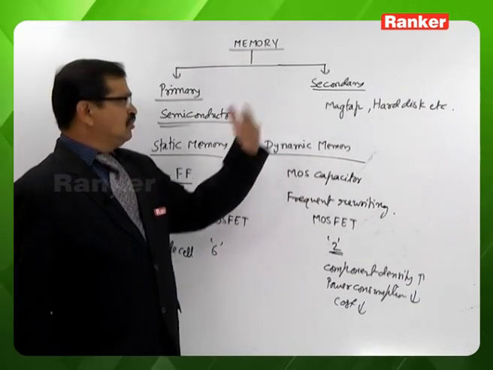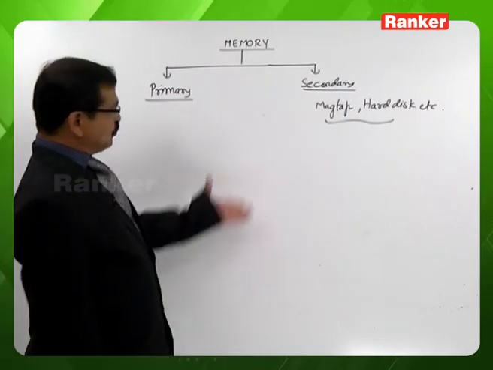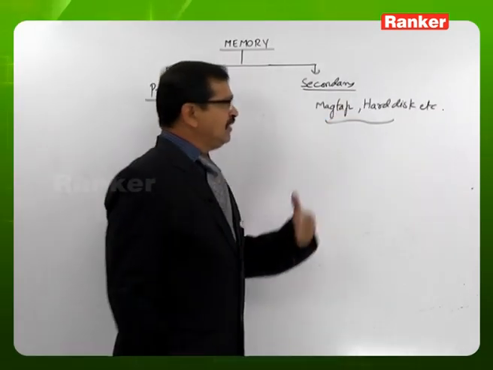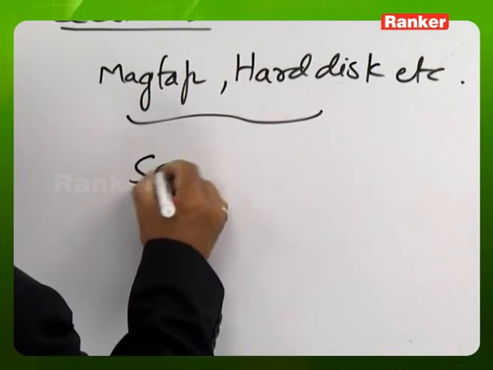And coming to the secondary memories a little: the magnetic tape and hard disk are sequential access memories.